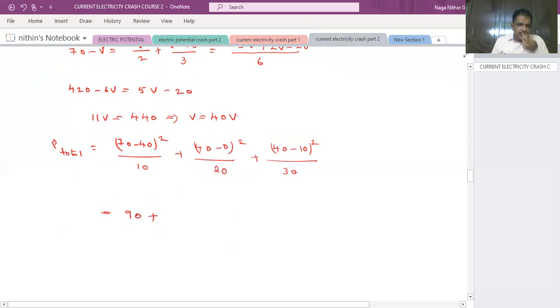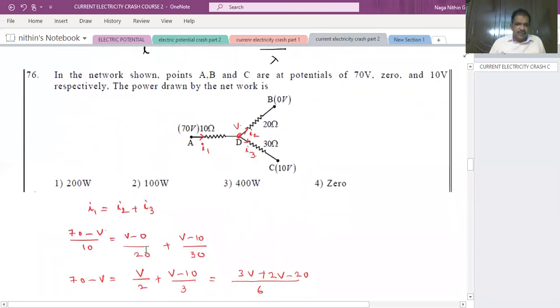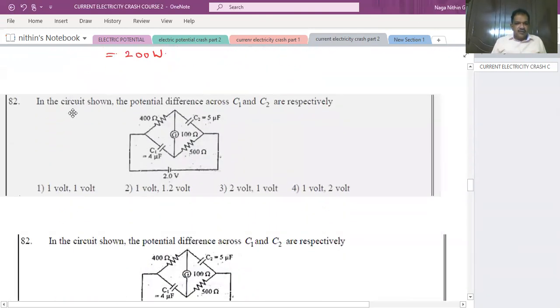This is 40 into 40 by 20, this value will be 80. Plus 30, so totally this is 200 watt. So it will be first option. Clear? Next.